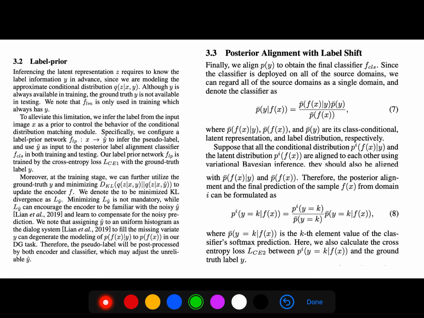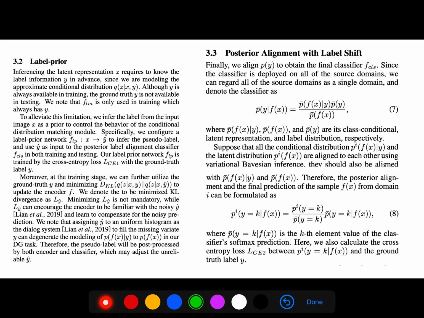Since we are modeling the approximate conditional distribution, although y is always available in training, the ground truth is not available in testing. We note that F sub LM is only used in training, which always has y, has the label. To alleviate this limitation, we infer the label from the input image X as a prior to control the behavior of the conditional distribution matching module.